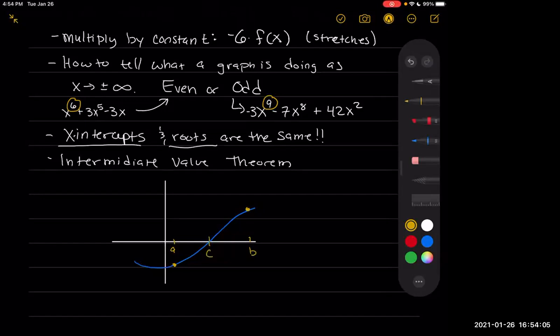So that was the main way we use the intermediate value theorem, but that also means that you could have something like this.